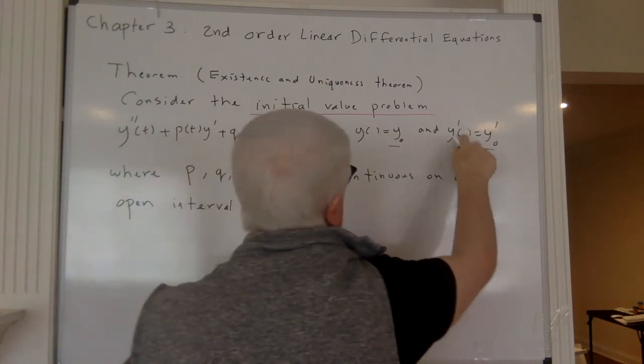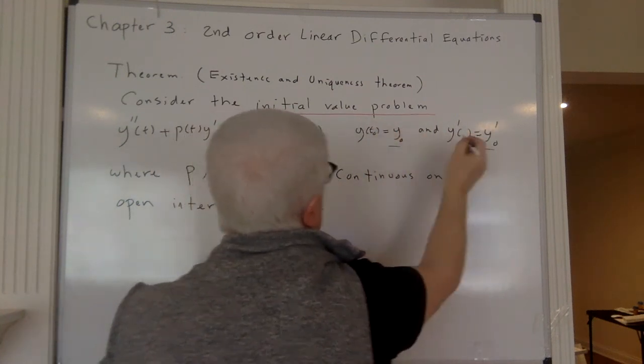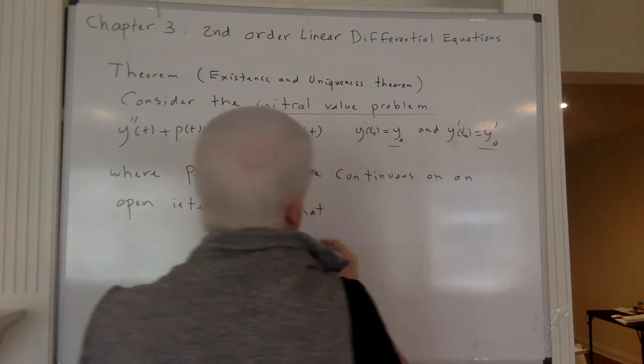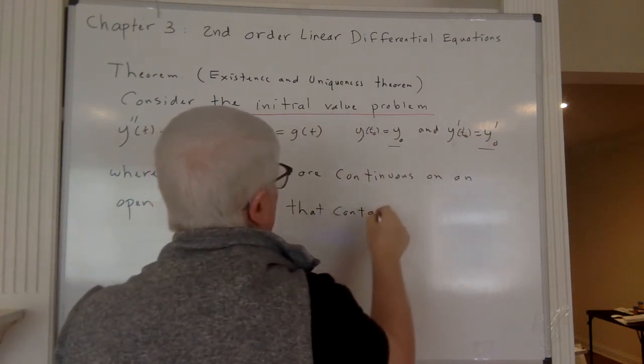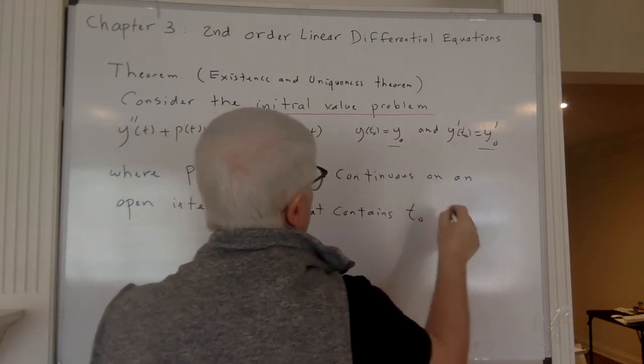The book uses t0, so it doesn't have to be always 0.